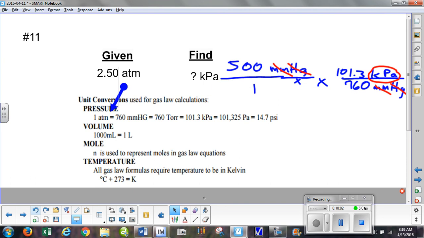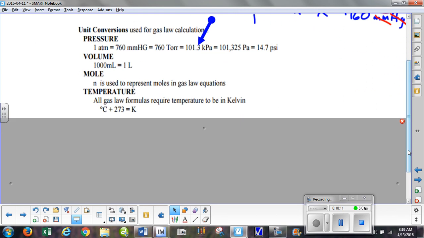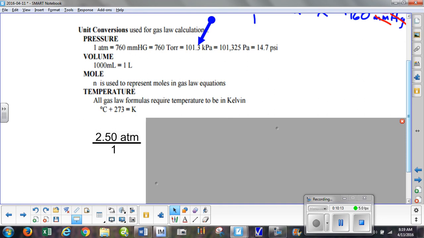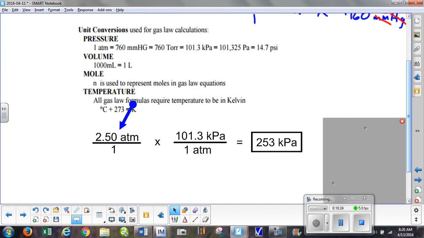So now we know that 1 atmosphere is equal to 101.3 kPa, which is where I'm going to get my second fraction from. Okay, right now we have 2.5 atm, and we're trying to get that into kPa. And so what we have is atm going away, and we have kPa, and we're good to go.